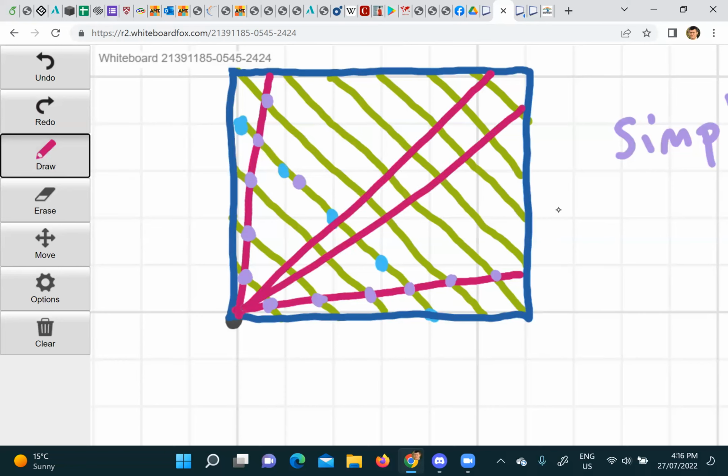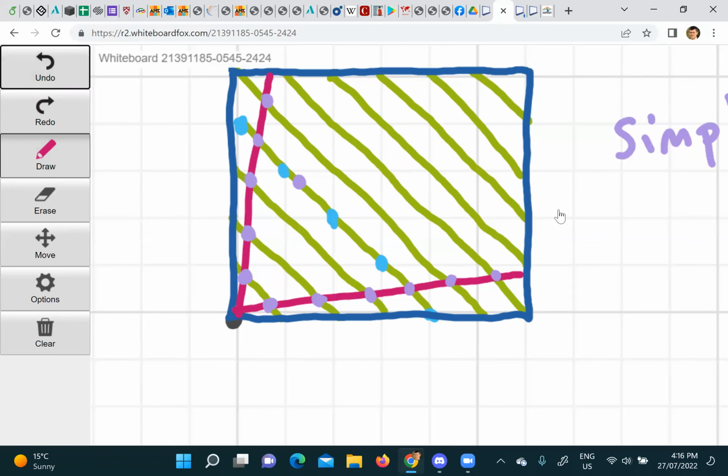So then we would try to cut as many green lines as possible. If we cut all the green lines, as long as we make sure that they're on as many different squares.